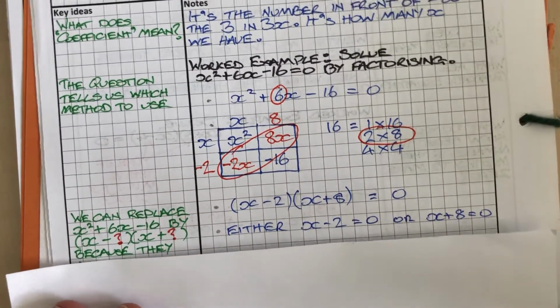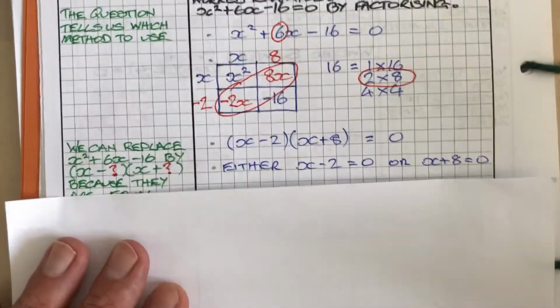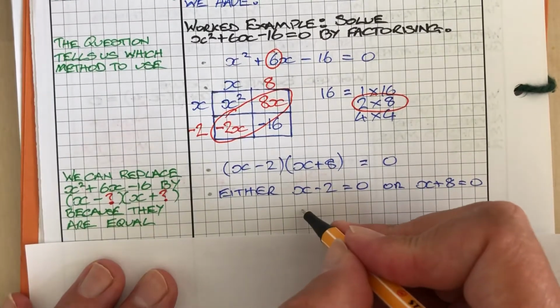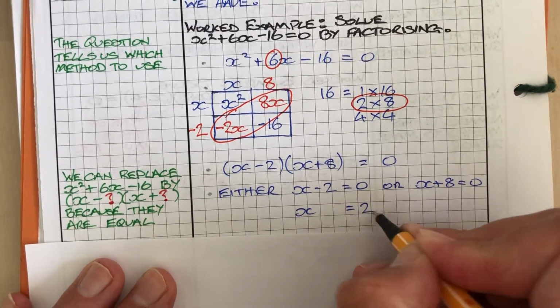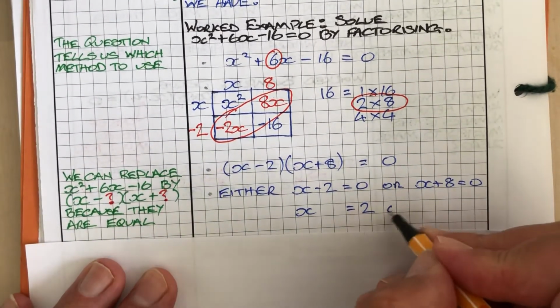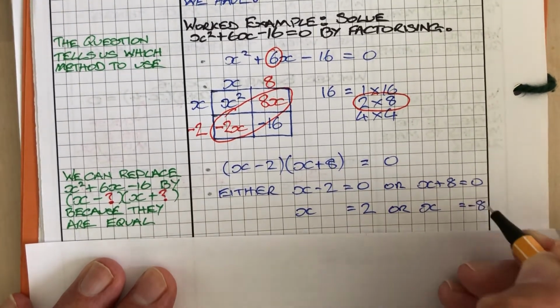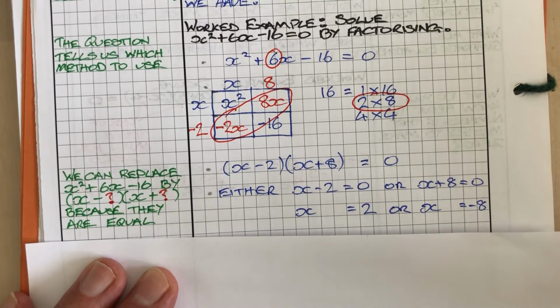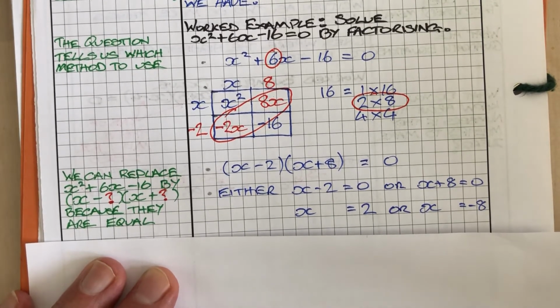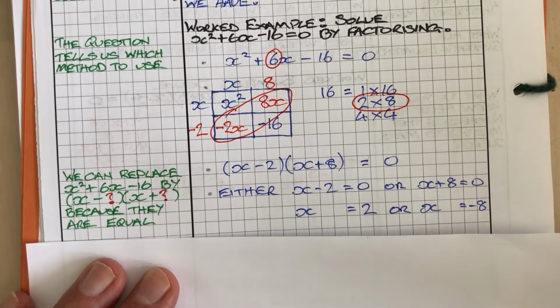If it's the first number that equals 0, then x is 2. And if it's the second number that equals 0, then x is negative 8. And remember, I get two solutions here. I get two answers to these equations.